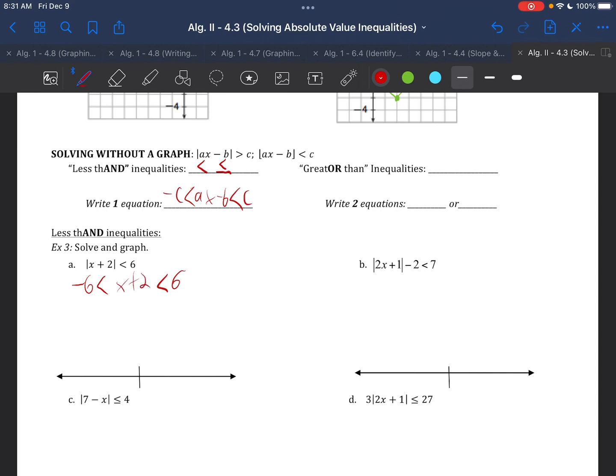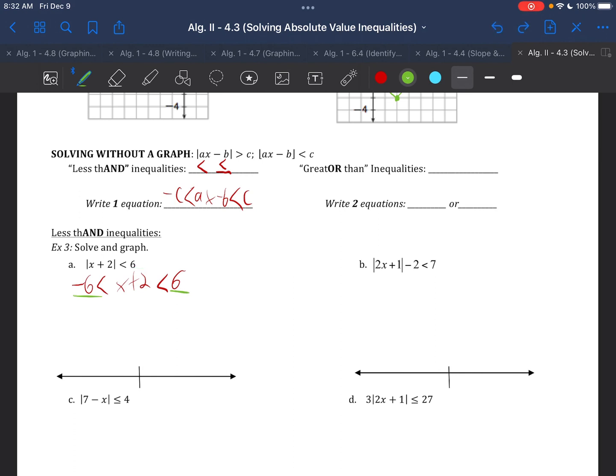Then we're going to put whatever's inside the absolute value in the middle. And that's our setup. Once again, because it's less than, you smush two inequalities together, and you have in the middle what was in the absolute value.